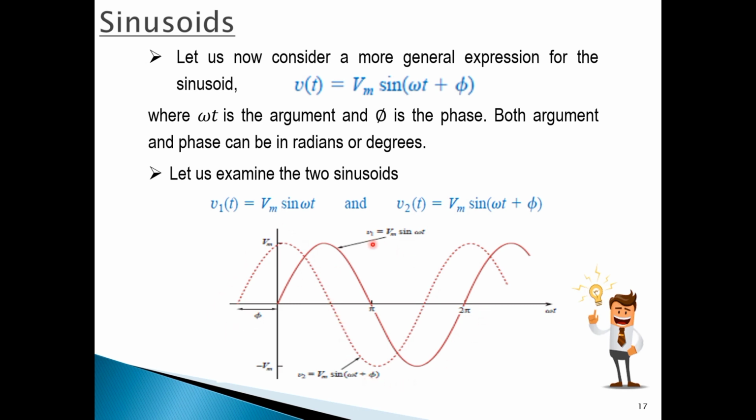As you can see, this one is v sub 1, the Vm sine omega t, and this broken line is the Vm sine omega t plus phi. So our v2 is advanced by an angle phi. They have a phase difference of phi.